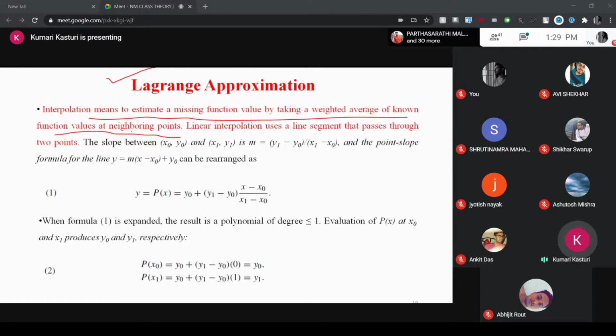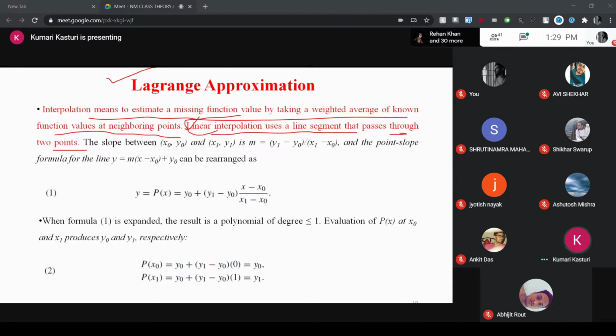Now, linear interpolation uses a line segment that passes through 2 points. I have already told you, whenever you have 2 points and you join them, the polynomial you get is called the linear polynomial.